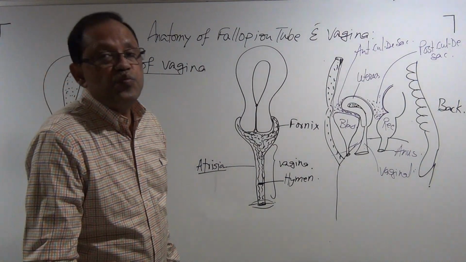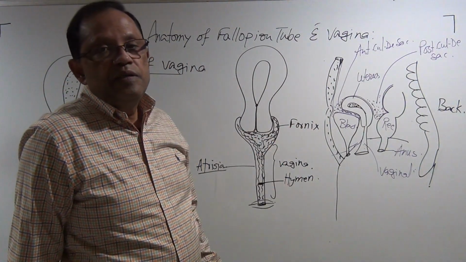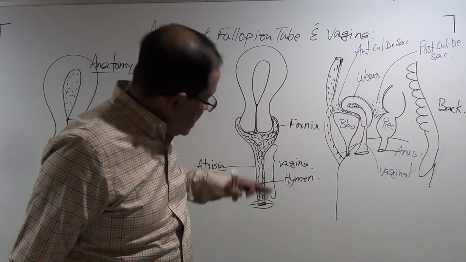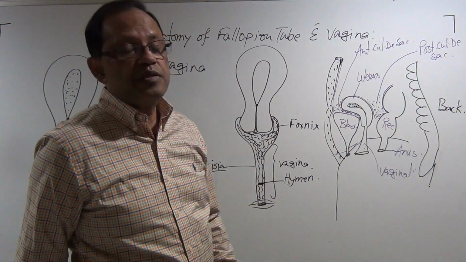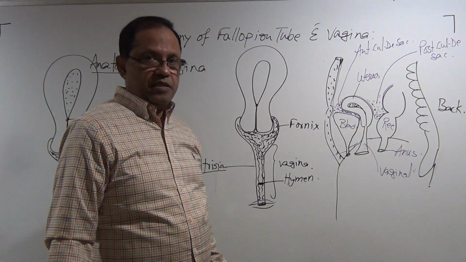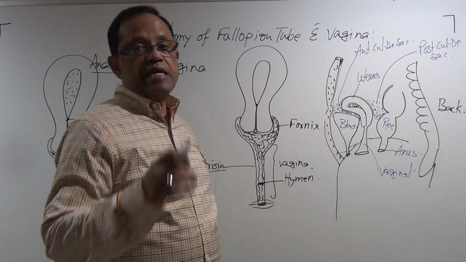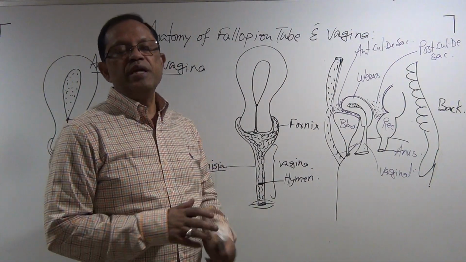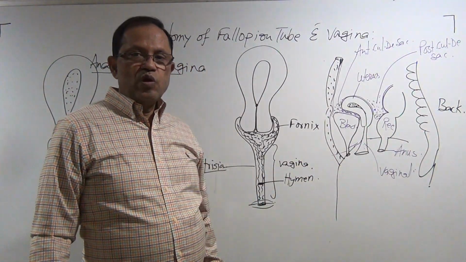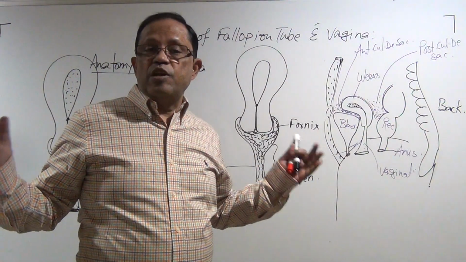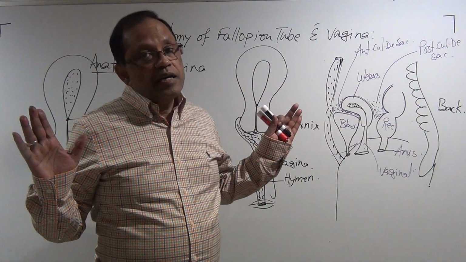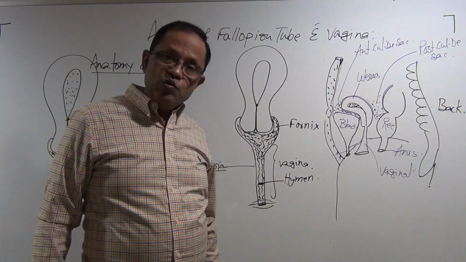Hymen is a membranous layer that has a central opening inside the vaginal canal close to the external orifice. Okay, usually it is intact, but when the girl is doing gymnastics, movement, swimming, playing, it can be ruptured, or it can be cracked during the first time sexual activities. Okay, it can be imperforated. There is no central opening.